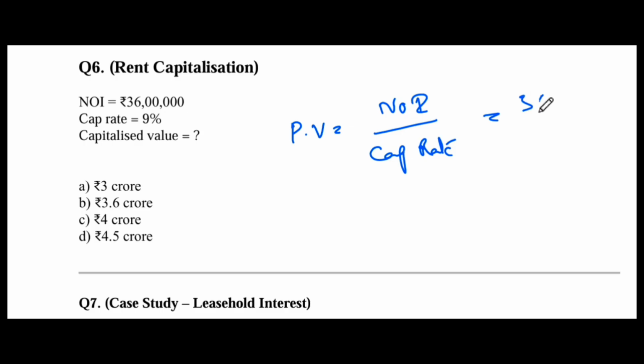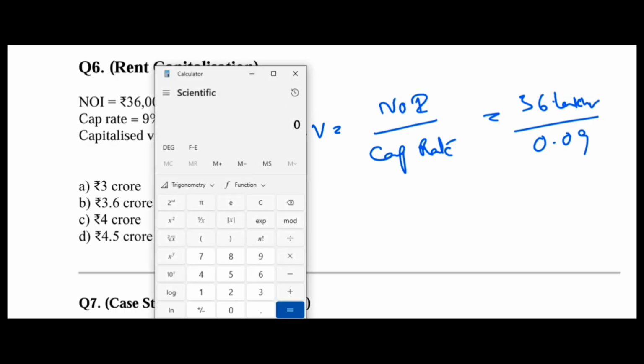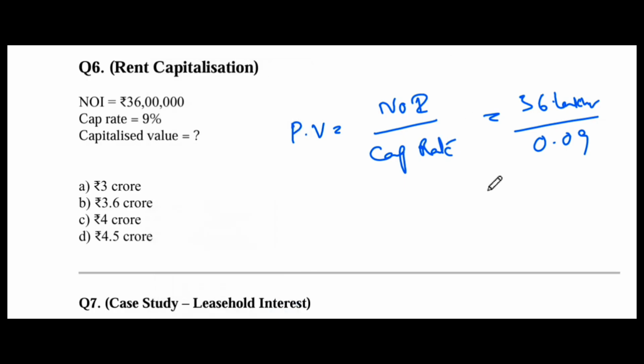That means 36 lakhs by the capitalization rate of 0.09. This is 400 lakhs, which means 4 crores. So C is the correct answer.